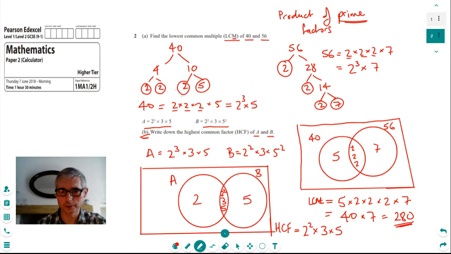So that will be 4 times 3, 2 squared being 4, 4 times 3, 12 times 5, which is 60. There we go. So the biggest number which we're dividing into both the A and the B is 60.